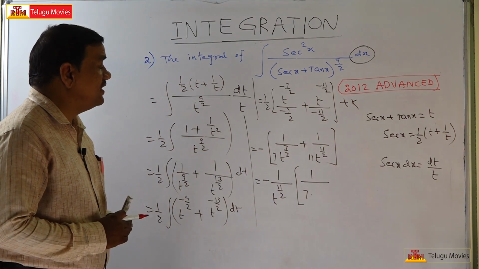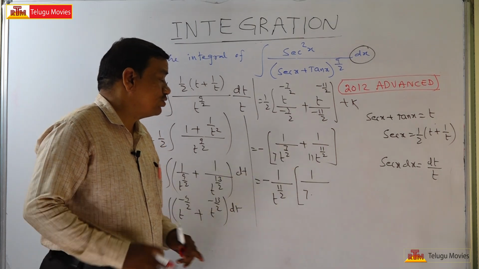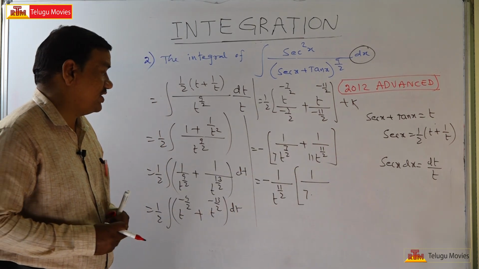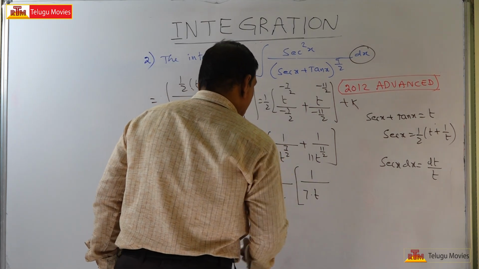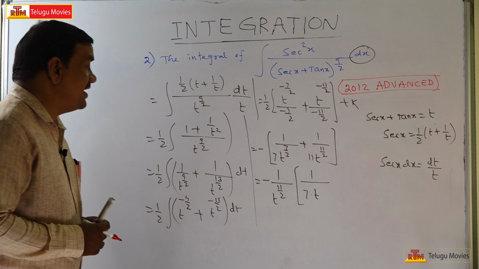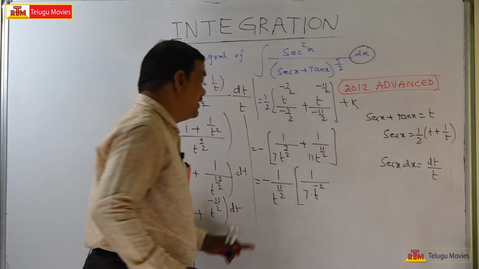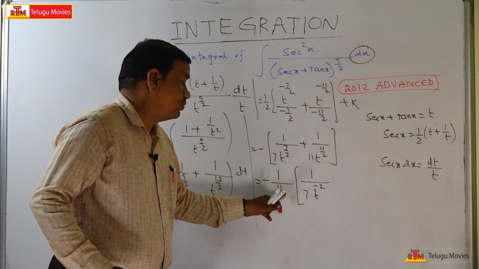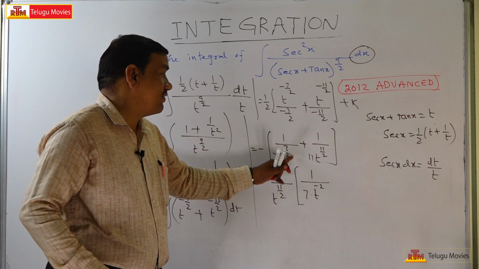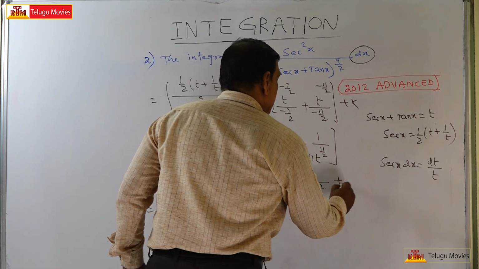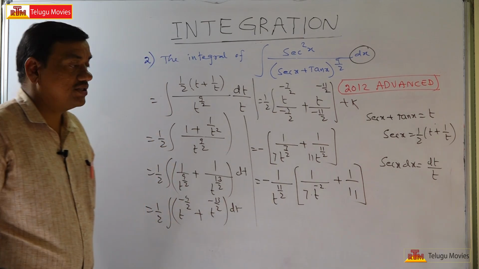Then what should be there in place of t to the power of 7 by 2? To compensate that, this should be t to the power of minus 2. See here, 11 by 2 minus 2: 2 twos are 4, 11 minus 4 is 7, 7 by 2. Plus 1 by 11. Understand this.